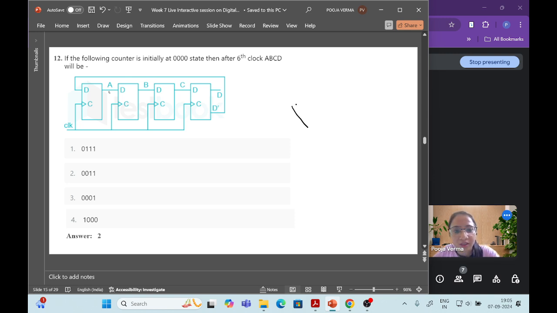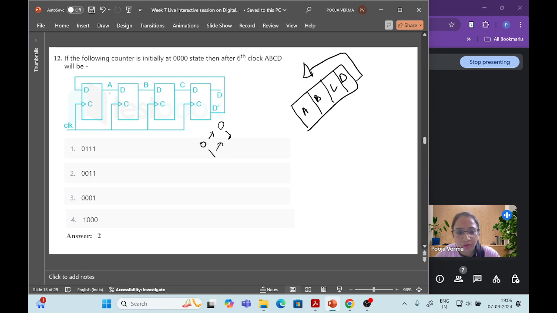Already we know that this is a D flip-flop, so whatever we give to the input will come to the output. If we give 0 to the input, the output will be 0. If we give 1, the output will be 1. So I am taking A, B, C, D. Now the output of D complemented, we are giving to A, right?